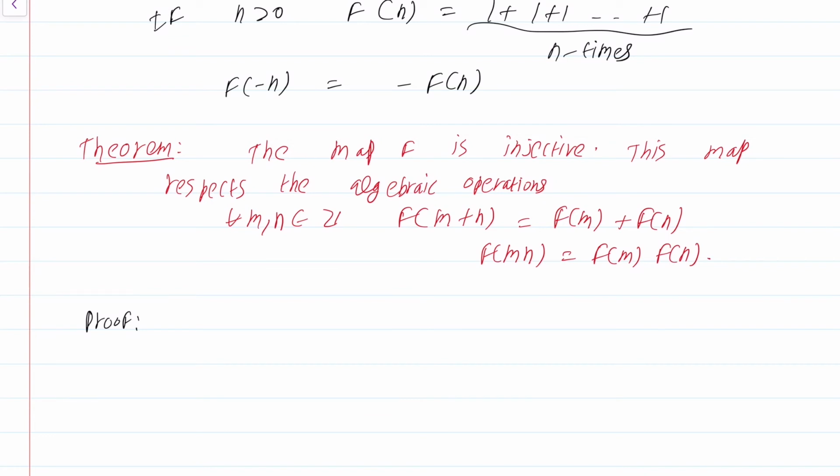So what we will do is we will first prove the second part, that the map f respects the algebraic operations. First of all, note that f of 1 is 1. Okay.